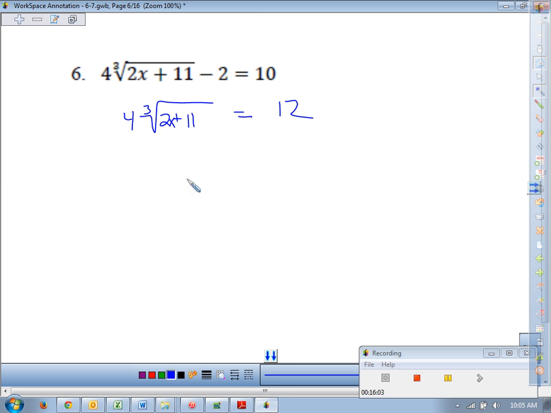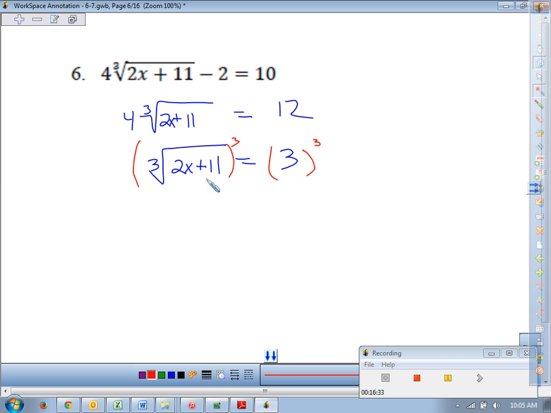Once you get your radical isolated, check it with mine. Now, we're a smart group. We won't brain fart. I got to get rid of this radical. Squaring both sides ain't going to work. Why not? It's a cube root. How do you get rid of a cube root? Cube both sides.